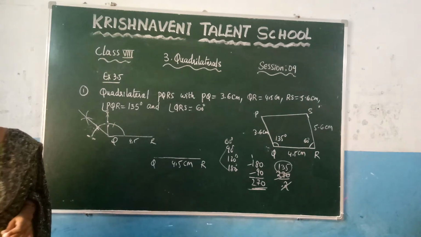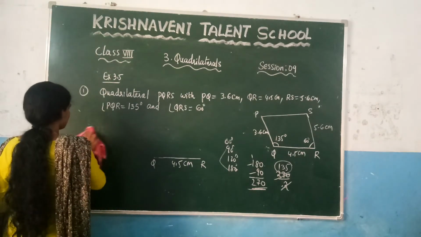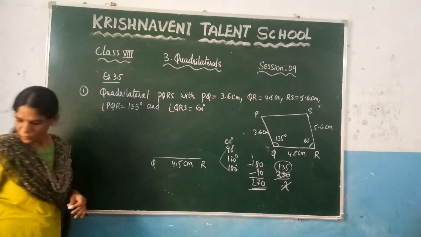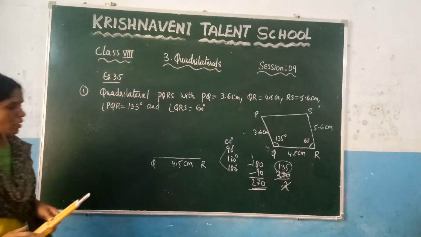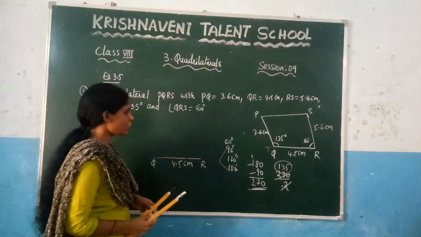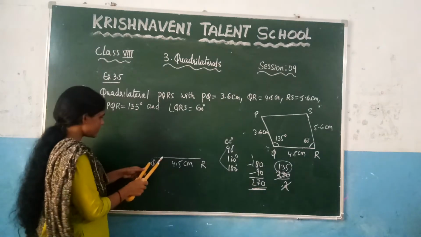Now see here how I am constructing. First you need to construct 60, 120 and 180. So construct it here.